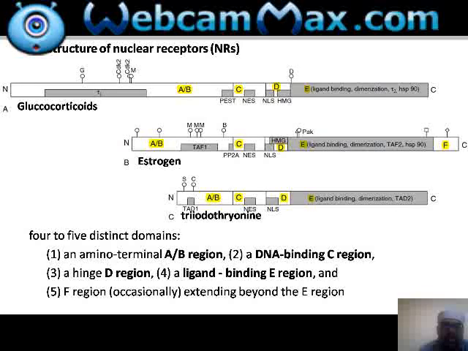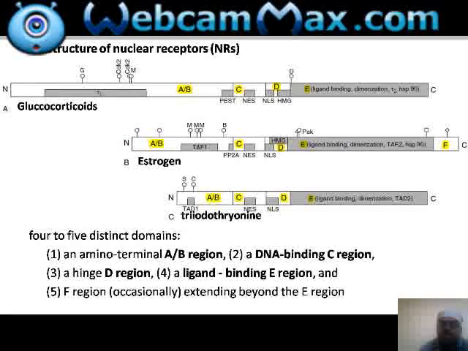Similarly, in triiodothyronine the AB domain is TAD1. So even within the domains there are different regions which perform different functions. Let us have a look at the functions of each domain present in the nuclear receptor of glucocorticoid, estrogen or triiodothyronine.